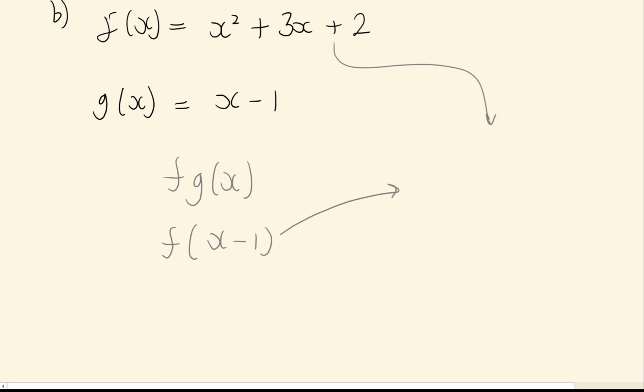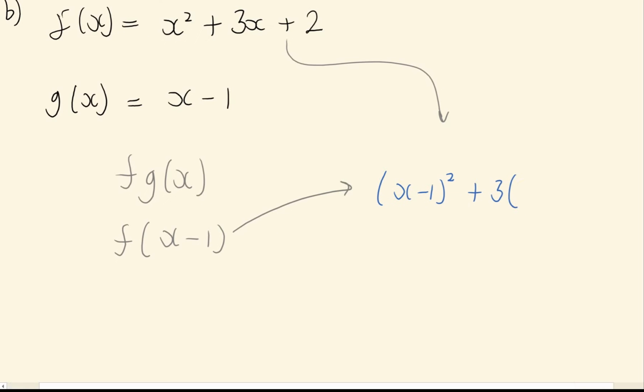So I write f of x again, and I replace each x with an x minus 1. So x squared becomes x minus 1 squared. 3x becomes 3 lots of x minus 1. And the plus 2 stays as it is.